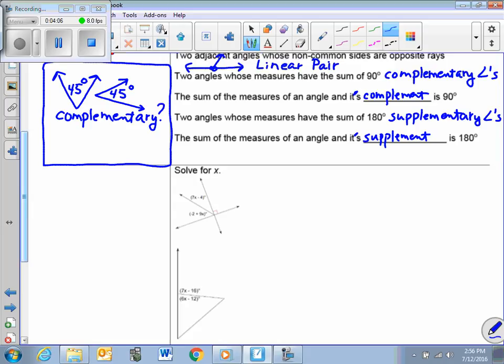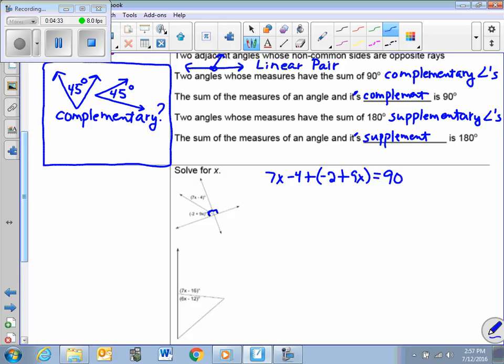All right, here are our examples. So what do we know here? Well, we know that if this angle is a right angle, it measures 90 degrees, which would mean this angle here also measures 90 degrees. So that means these two angles in the picture are complementary, and we know their sum is 90 degrees. So let's just write that down.